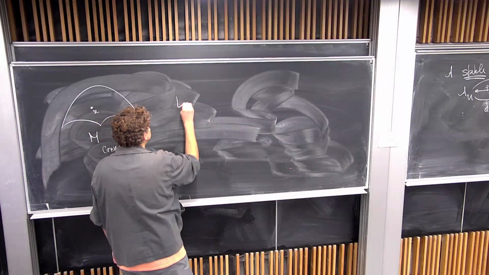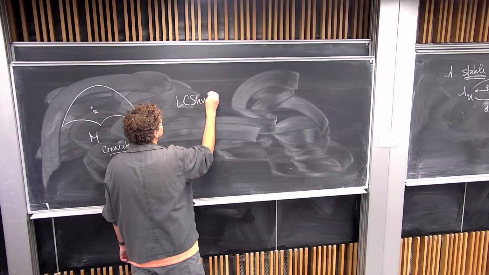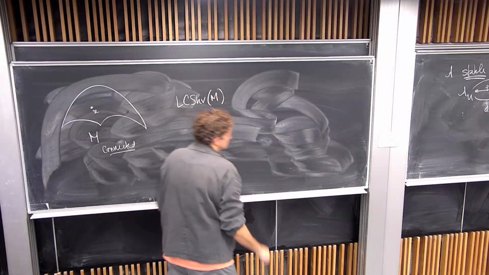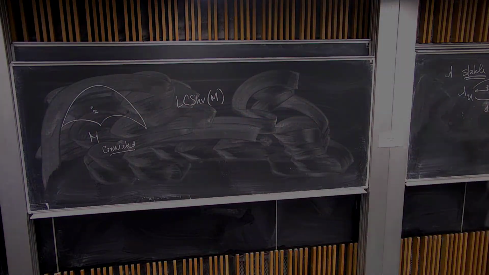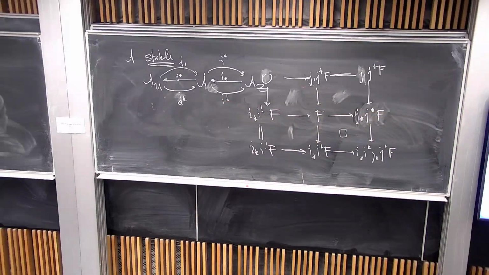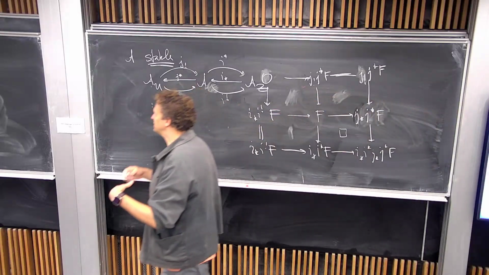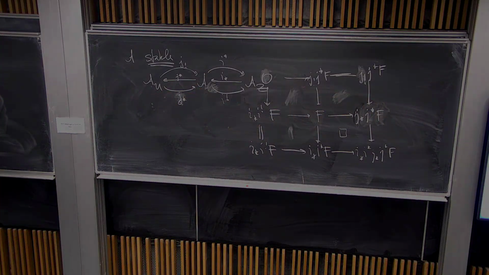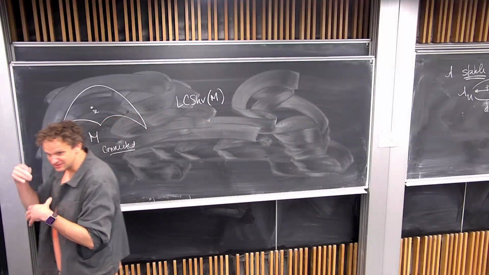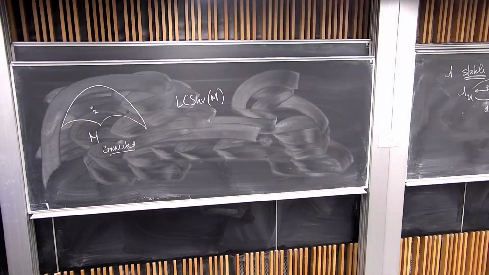So what does that mean? That means that this manifold admits an open covering, and a locally constant sheaf is one such that there exists an open covering of the manifold, such that the restriction of that sheaf to each of those open pieces is a constant sheaf. Real boring.